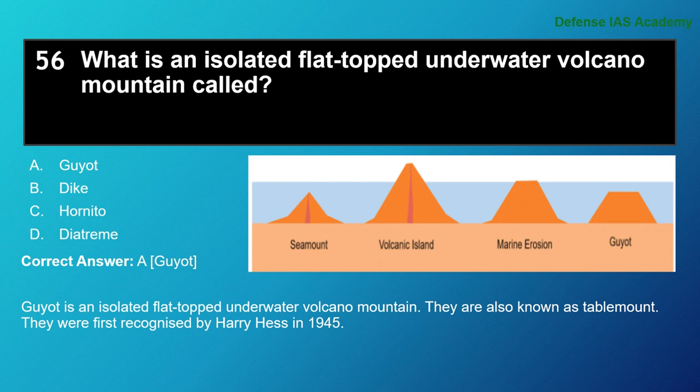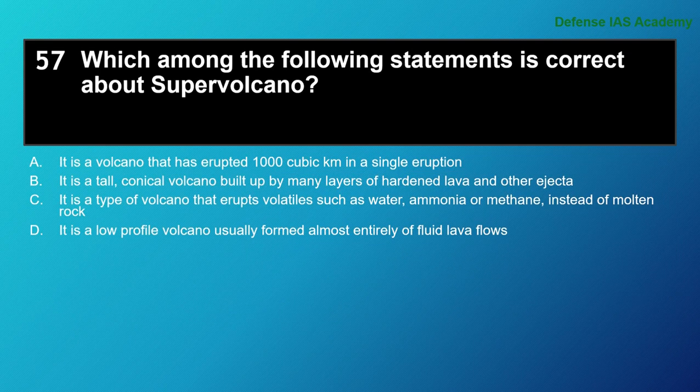So the seamount's flank and top get eroded, and eventually it forms a flat shelf kind of a thing, which is called a guyot. The seamount has a peak shape, and the guyot is formed by the erosion of that peak of the seamount, and it gives a flat table-like structure to the guyot.